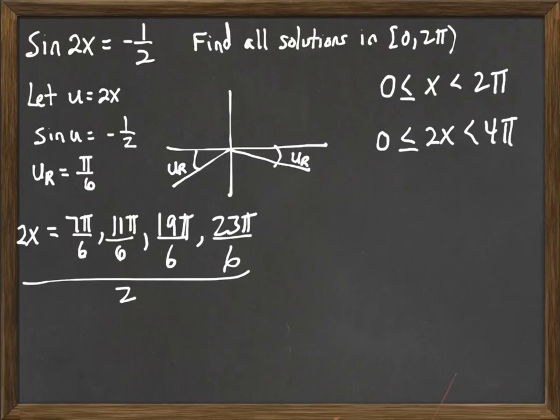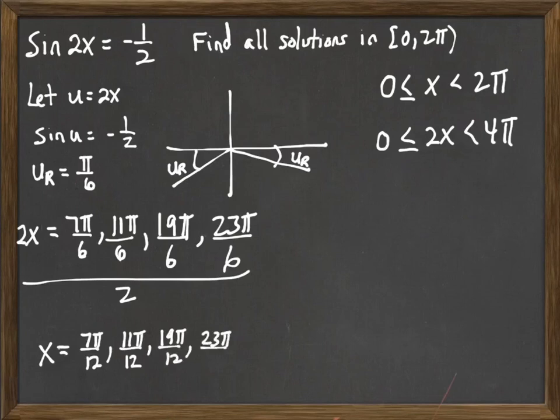So 7 pi over 6 times 1/2 would give us our first answer, 7 pi over 12. 11 pi over 6 times 1/2 would be 11 pi over 12. And then 19 pi over 6 times 1/2 would be 19 pi over 12. And 23 pi over 6 times 1/2 would be 23 pi over 12.